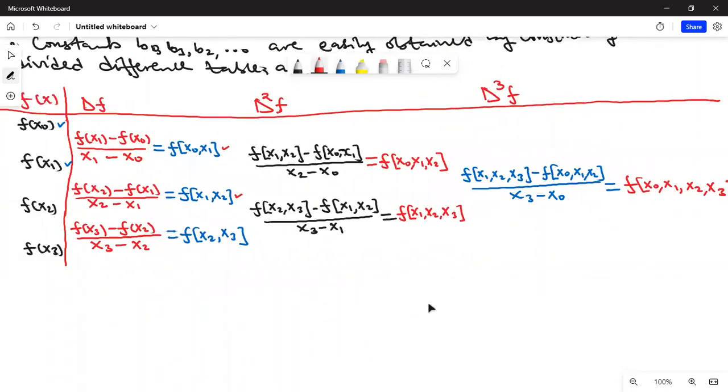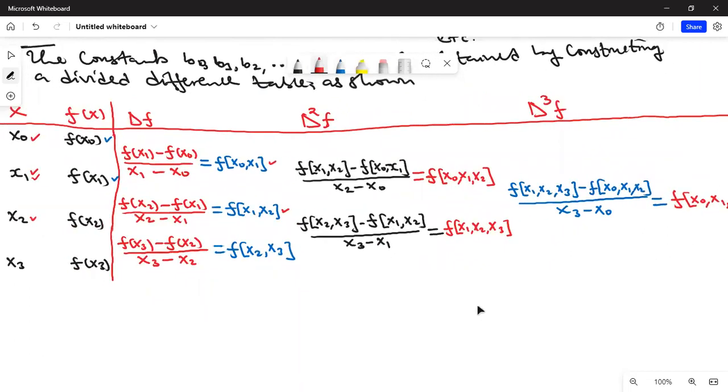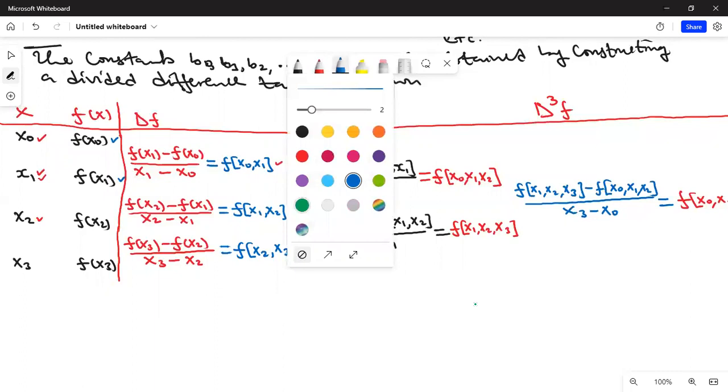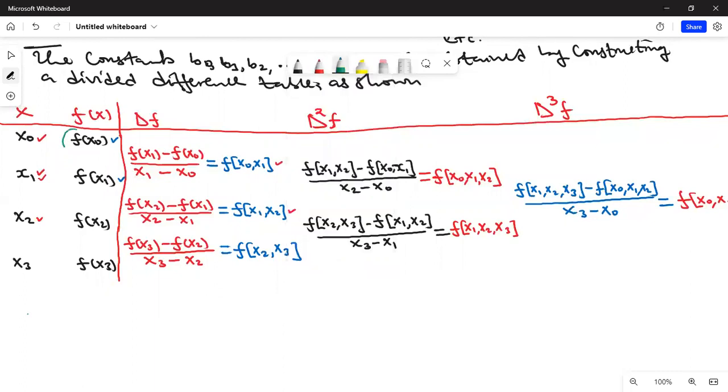So that is our divided difference table. Let me show you how to read those values. I can use another color here, different from the ones in the table. Let's use green. What is the value of f of x naught? F of x naught here is the same as b naught. What about this other one?